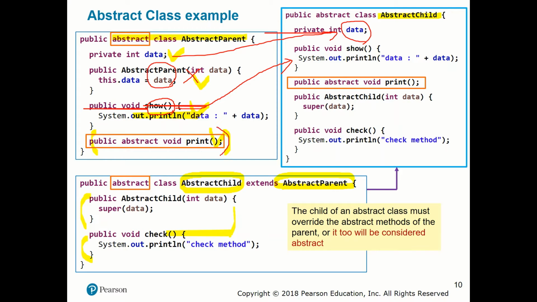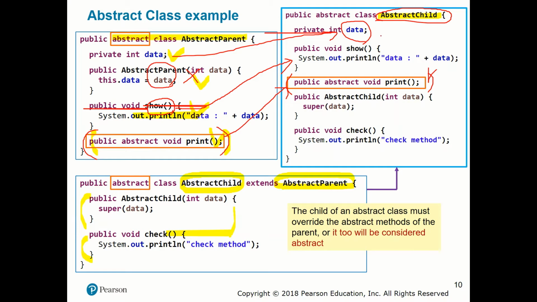And this one is also inherited, but the child class does not override this print method. So the print method exists just as an abstract print method. This means that this child class also has the print method as abstract, okay?